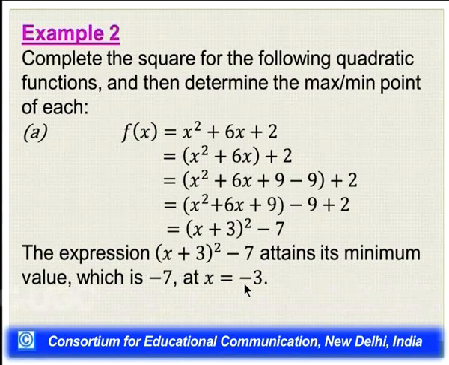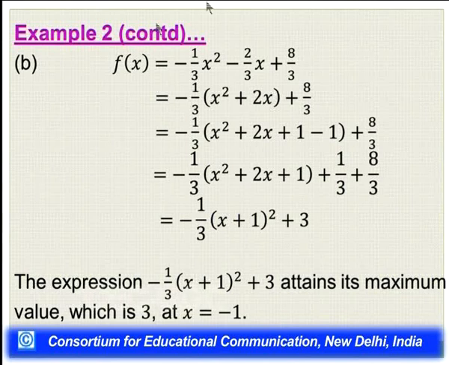Okay, if our function is minus 1/3 x square minus 2 by 3 x plus 8 by 3, this in turn can be written as minus 1 by 3 times (x square plus 2x) in parentheses plus 8 by 3. And because half of 2 here would be 1, I'll add and subtract a 1 here in parentheses so as to complete my square, which then gives me minus 1/3 times (x square plus 2x plus 1).